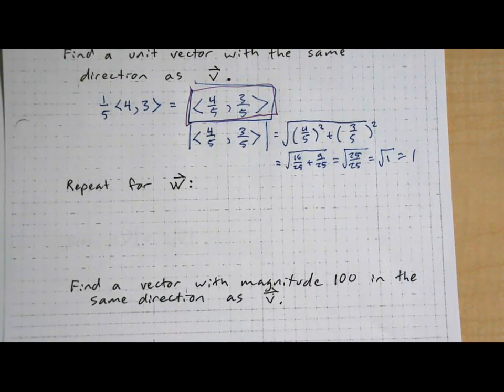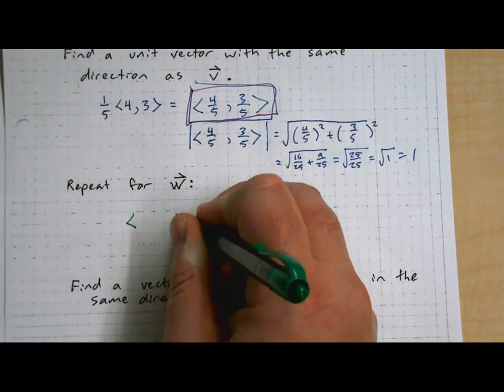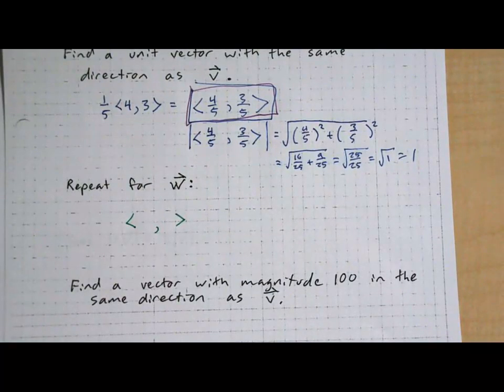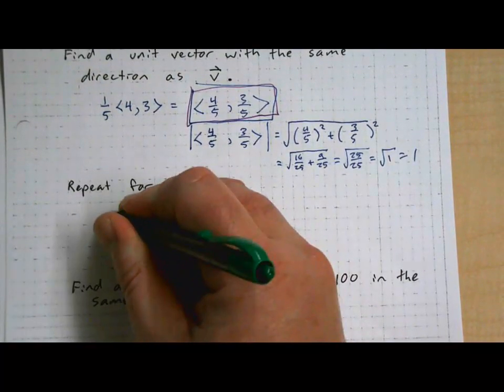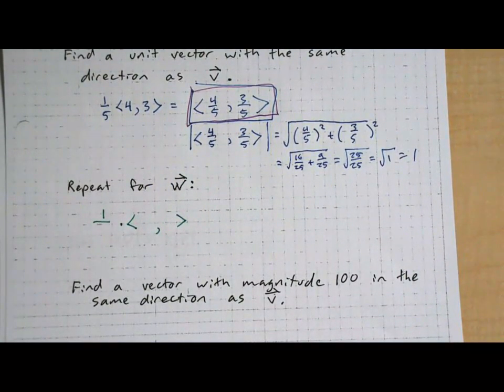Find me a unit vector that's in the same direction as vector W. I'll give you a hint. You're going to take vector W, and you're going to shrink it down by multiplying it times something, some special number that we may or may not have already found.